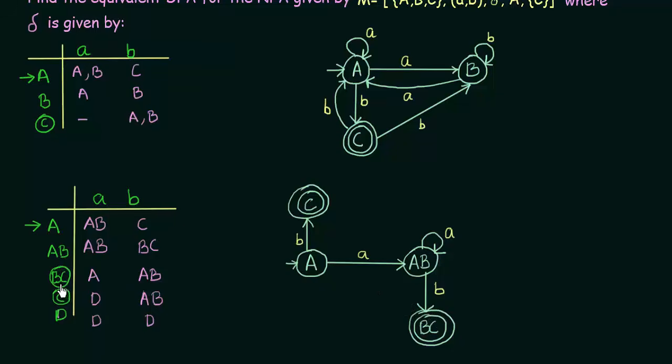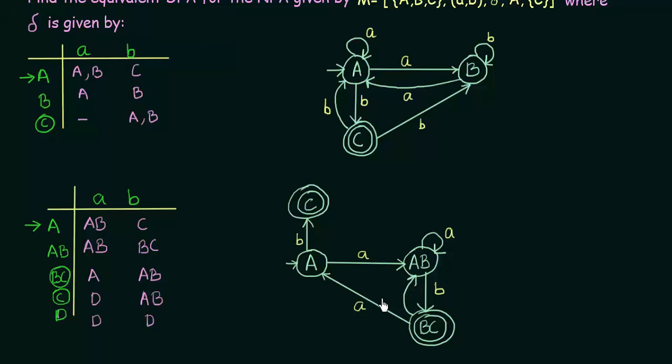Now coming to BC. BC on getting input small a goes to A. And BC on getting input small b goes to AB.